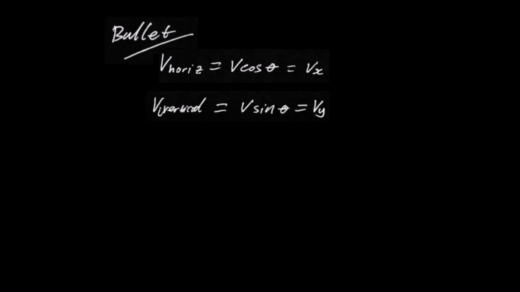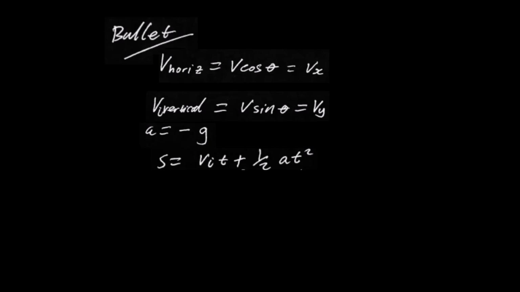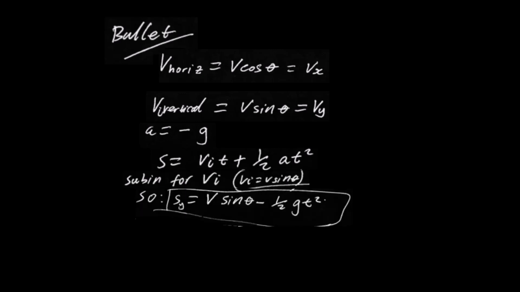The vertical component, Vy, will be v sine theta, and we know acceleration is negative g. Once again, taking into account Vit plus half at squared, we can substitute in here for our initial velocity. So we find that the displacement in the y direction is v sine theta t minus half gt squared.